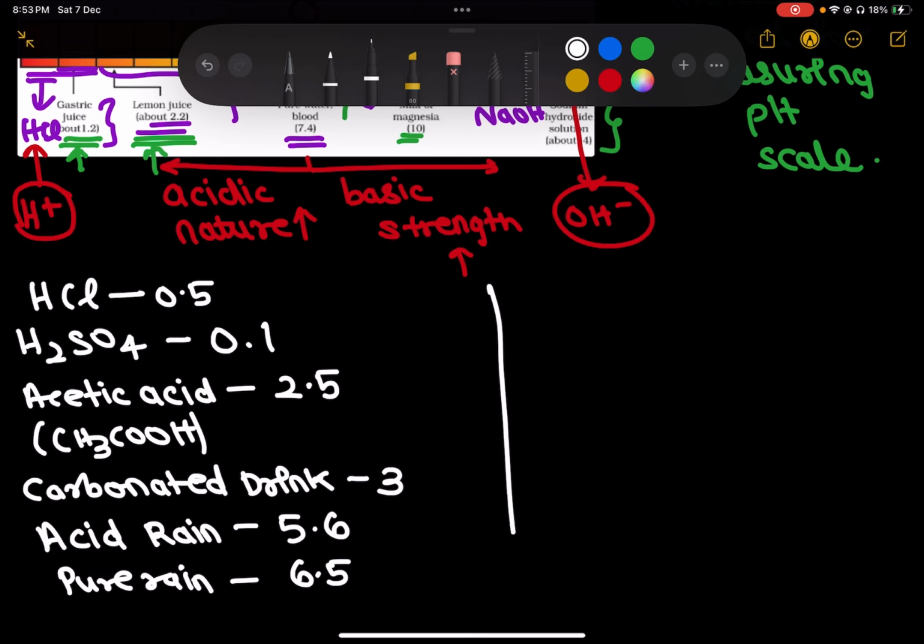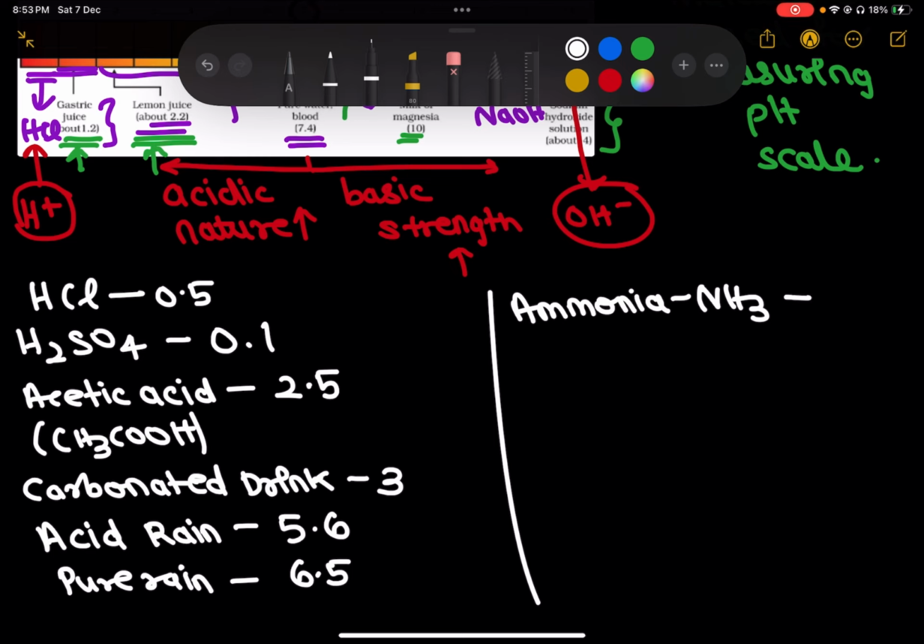Okay, now I'll tell you about the basic side. What all is there in bases, right? So for 7, there is freshly distilled water, blood, tears, all of that, they constitute that 7 to 7.5 approximately a range. After that milk of magnesia, already given, it is 10, correct? Now the household ammonia, NH3, its pH is quite high.